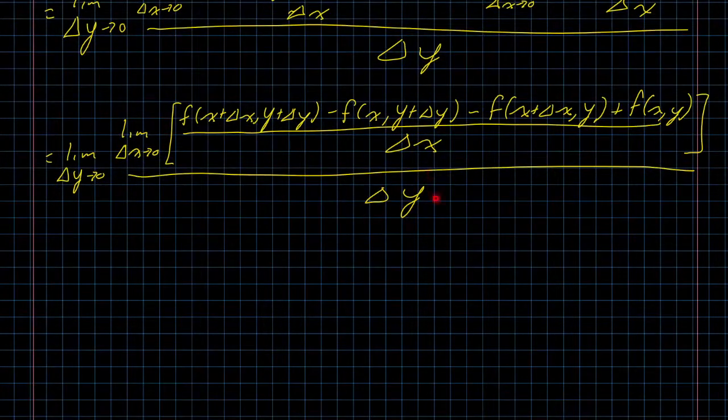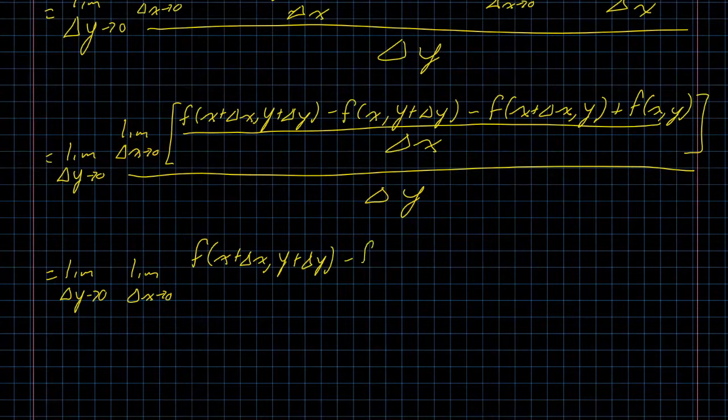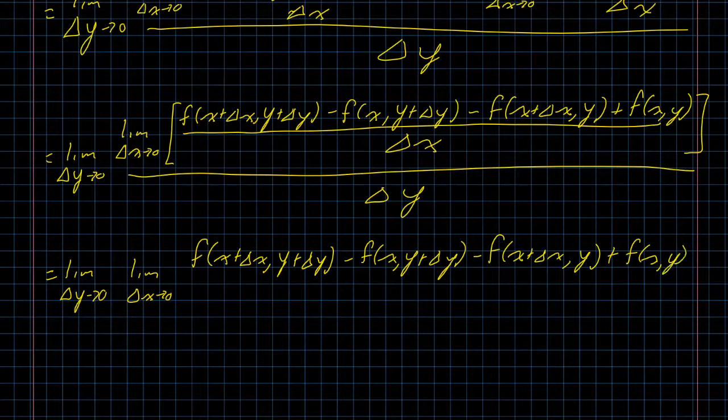And then one last step: delta y is constant with respect to delta x, so we can bring that into this limit and look at the limit as delta y goes to 0 of the limit as delta x goes to 0 of f of x plus delta x, y plus delta y, minus f of x and y plus delta y, minus f of x plus delta x and y, plus f of x and y, all over delta x delta y.